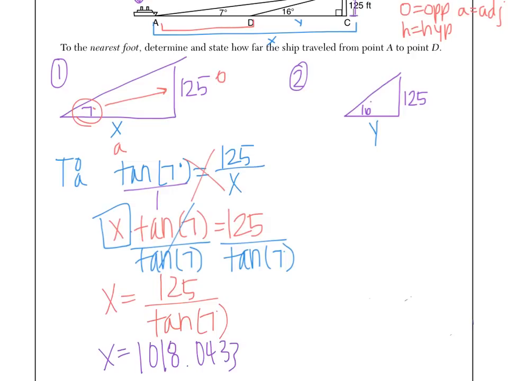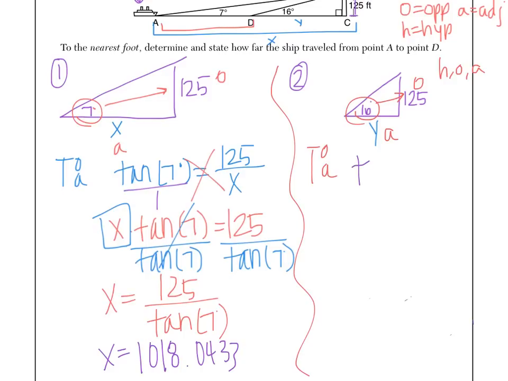Now we're going to do the same process over here on the second triangle to solve for y. If I again start by circling the angle, labeling the sides as H, O, or A, we have 125 is opposite again, and y this time is adjacent. So opposite and adjacent mean to use tangent, TOA.